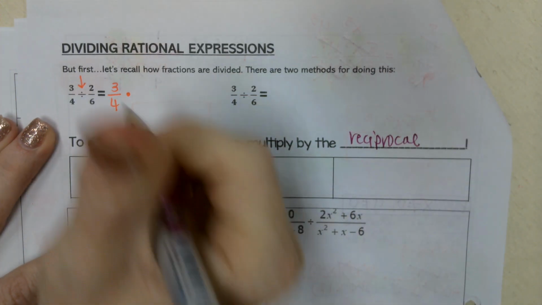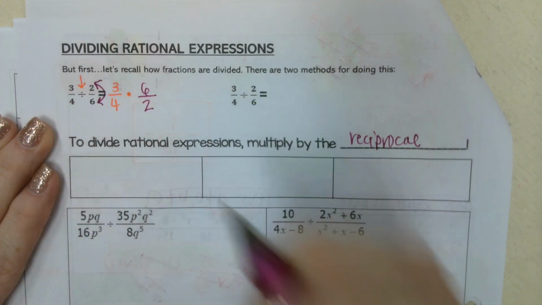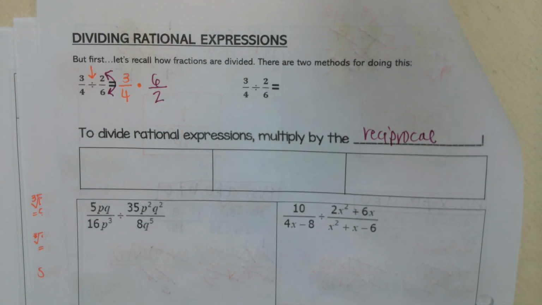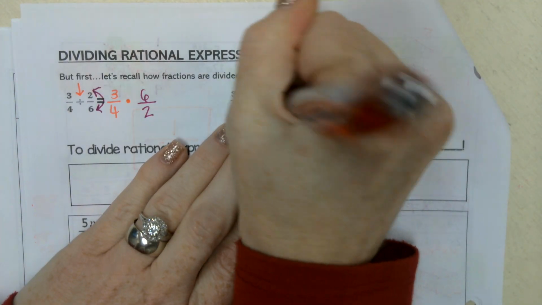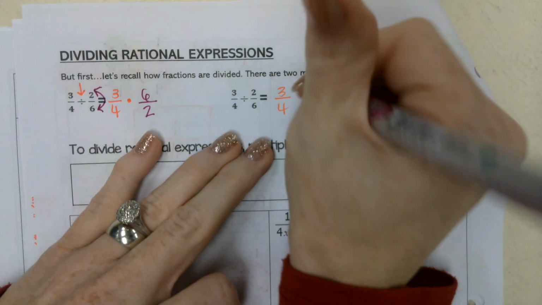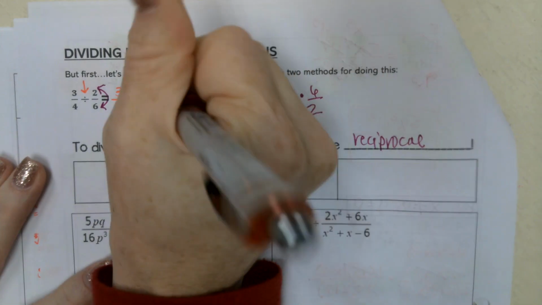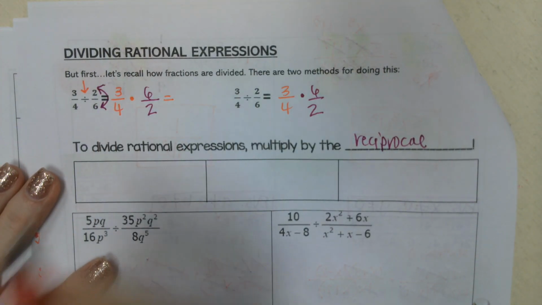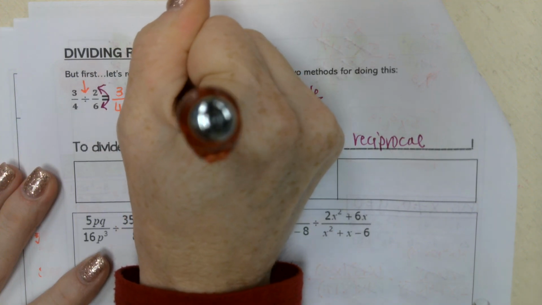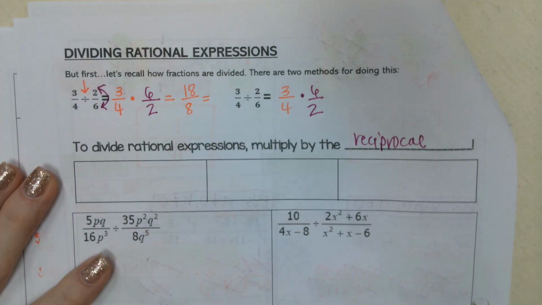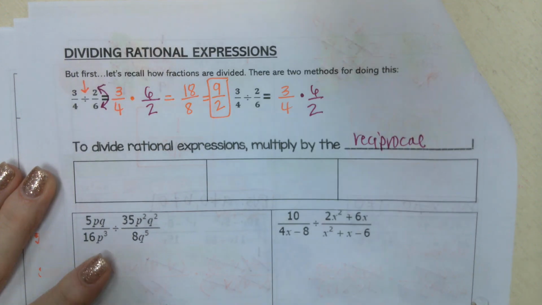So right here I'm going to change this to 6 over 2. Same thing over here, 3/4, and I'm going to change that to 6/2. All right, you can multiply straight across. That gives me 18/8, which reduces to 9/2.